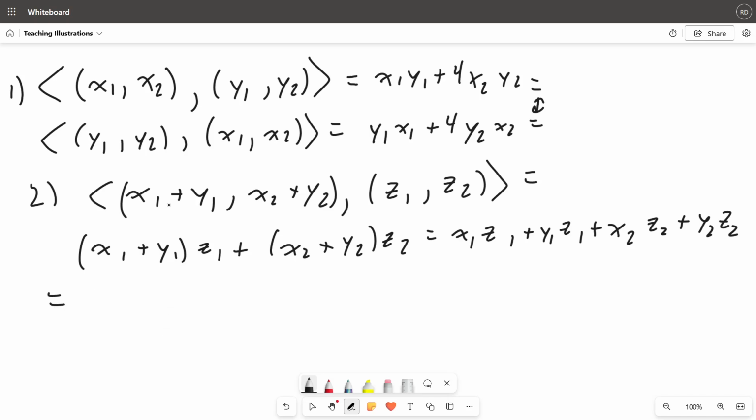We wanted to show that you could split it into xz plus yz. So let's split up the x's from the y's. We get x1z1 plus, there was supposed to be a 4 here, wasn't there? I left off the 4, silly me.